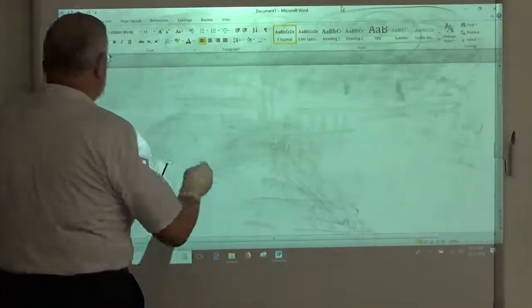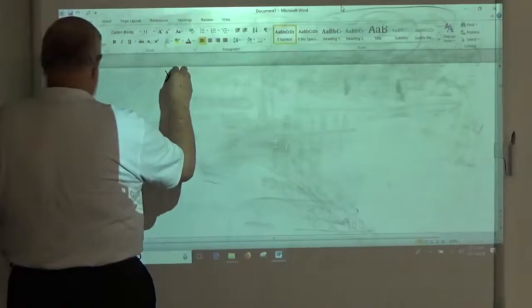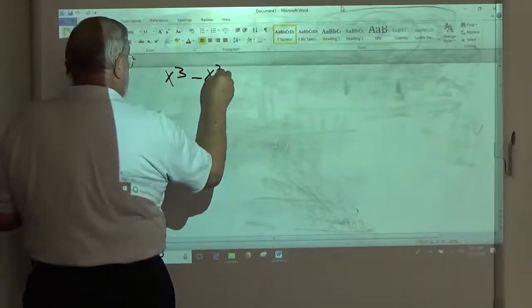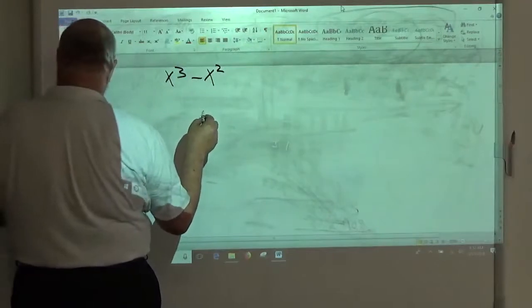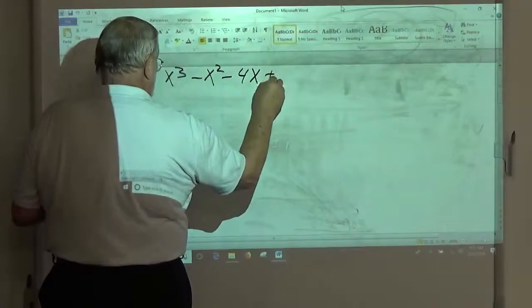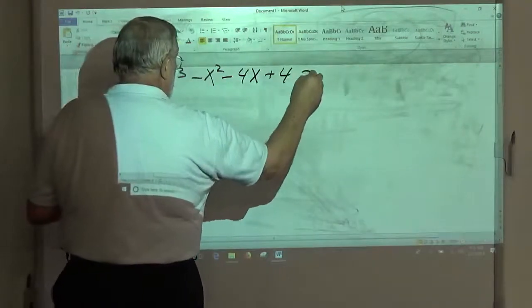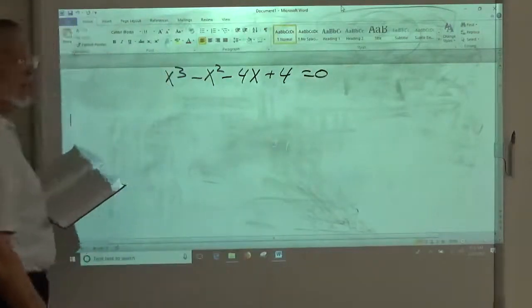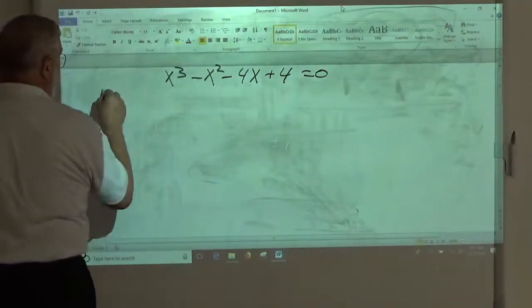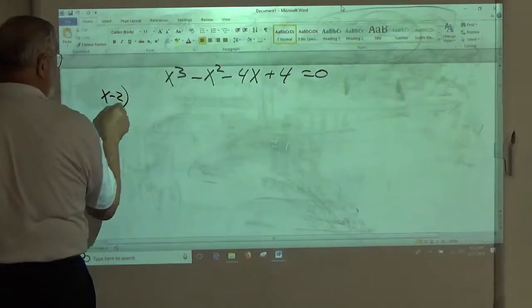Problem 12 says x cubed minus x squared minus 4x plus 4 equals 0. And let's do synthetic division with x minus 2.